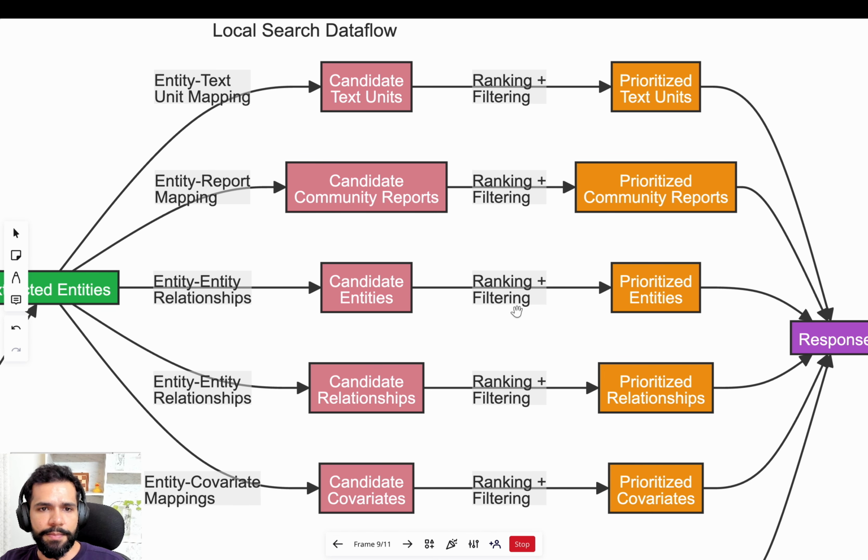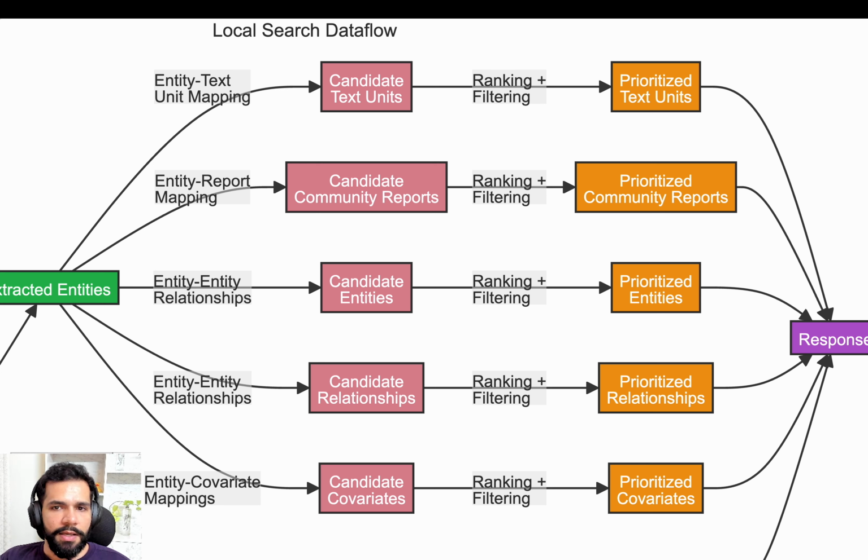Among all of this, there is ranking plus filtering, because, as I said, this is a 1:n mapping. So among them there are prioritized text units, prioritized community reports, and so on. All of those together go nicely into the prompt to generate a very well-structured response out of the local search.